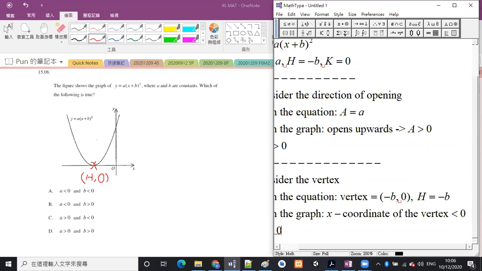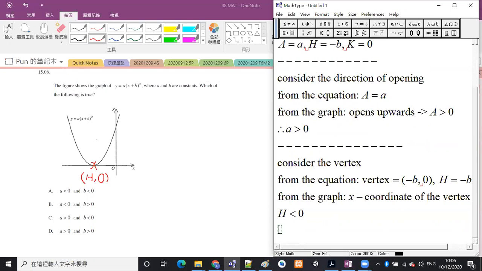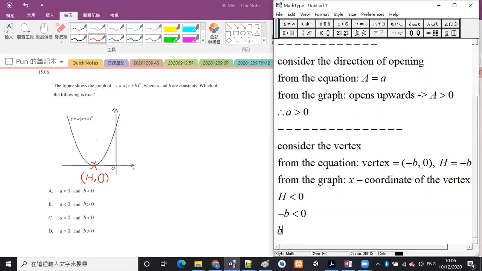And now from the graph, we know that h is less than 0. So combining the two pieces of information, we can conclude that negative b should be less than 0. But if negative b is less than 0, then how about the b itself? B itself should be a positive number.